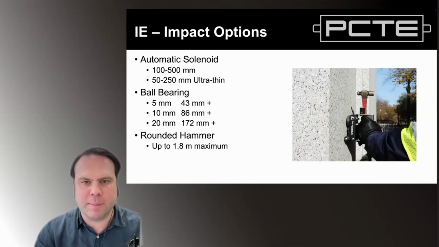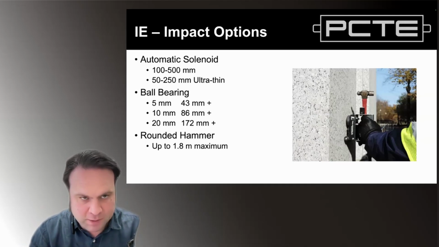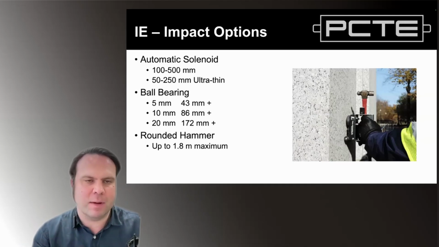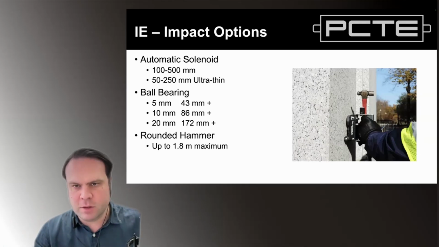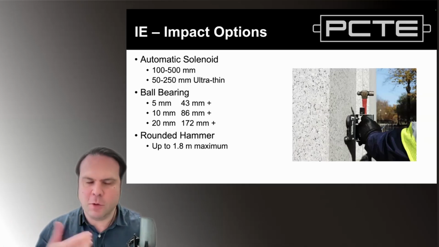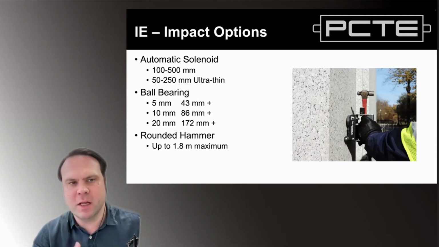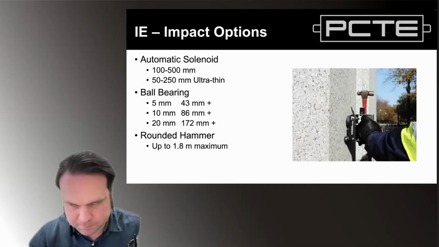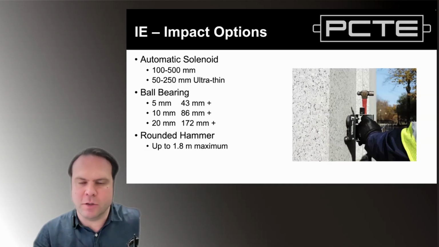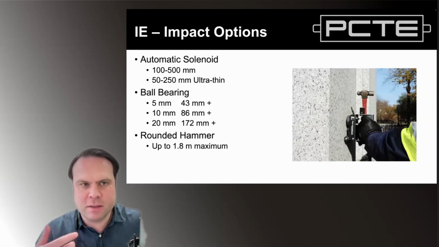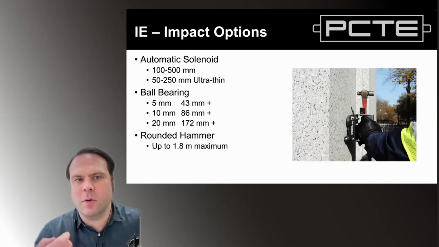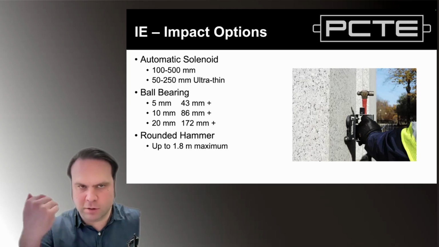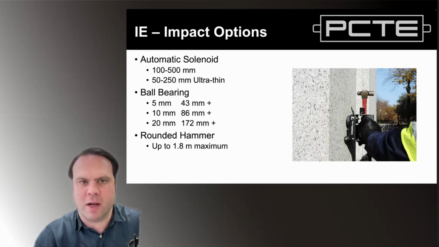If you look at the PA8000 package, it includes a small, a medium, and a large ball bearing to strike the surface with. If you were to specify from Olson Instruments, they've got a general purpose impactor, an automatic solenoid impactor, or an ultra thin one. And if you need to do up to the maximum range of the test, you wouldn't use any of these. You'd actually get a more substantial round-headed hammer to strike the element with.